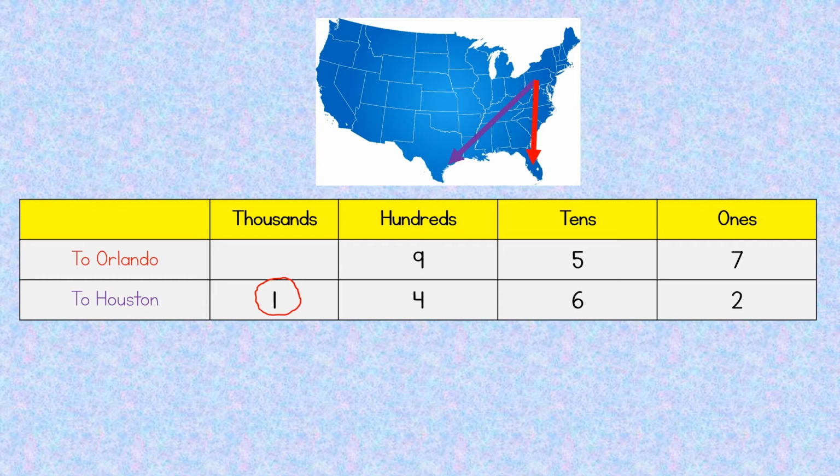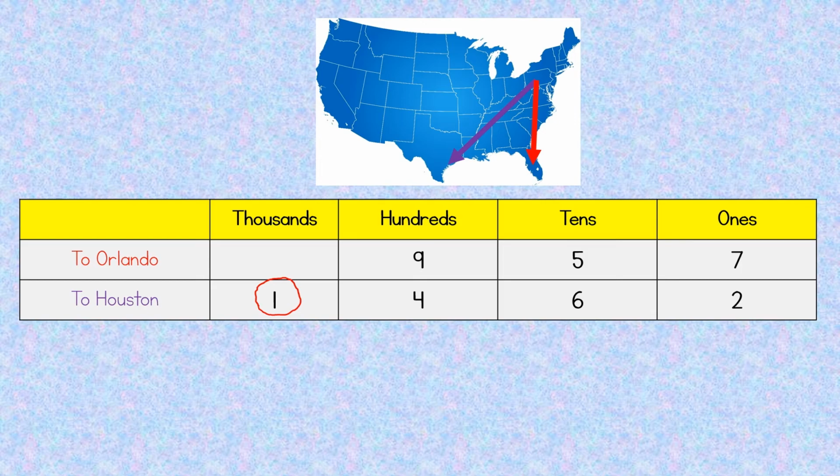Here, you can automatically see, because there is one extra digit, that the one with more digits is the greatest distance. So, from Harrisburg, Pennsylvania to Houston is greater because there is a digit in the thousands place.